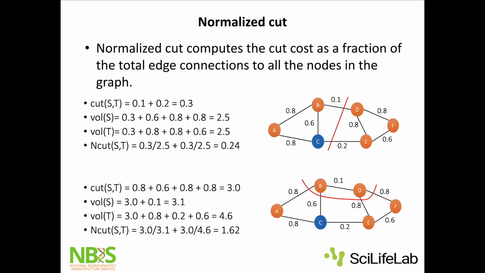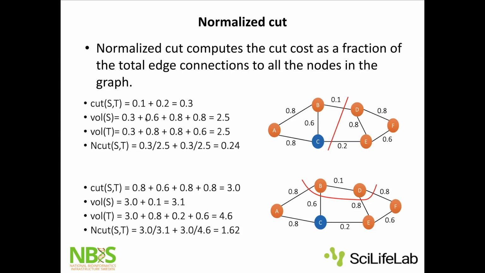So instead, people came up with the idea of a normalized cut. The cost of the cut is, in this case, 0.1 plus 0.2, so 0.3. But we normalize it by the volume on this side and the volume on the other side.